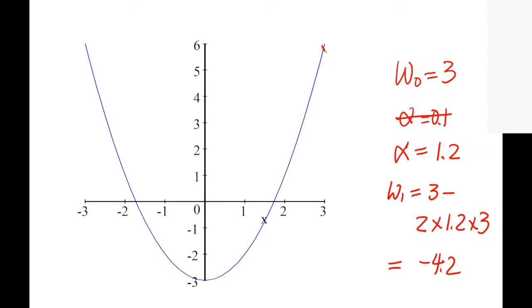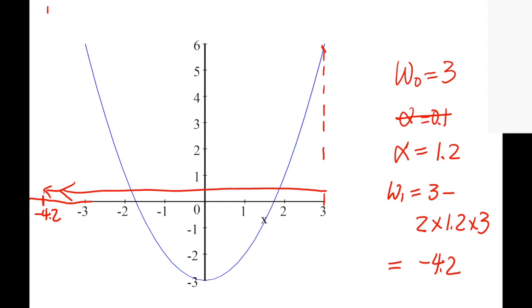I start from 3, and this is really exaggerated, and I go to, wow, minus 4.2.